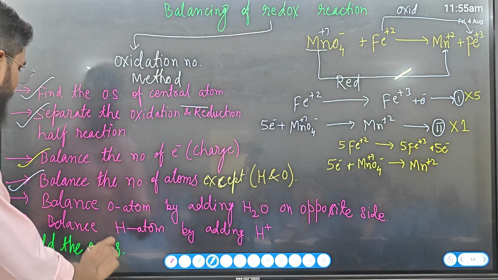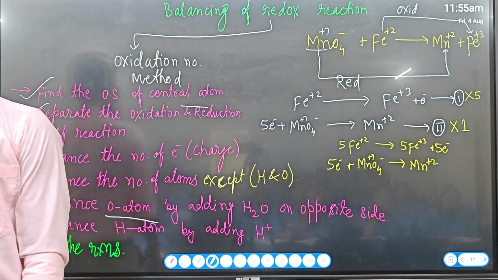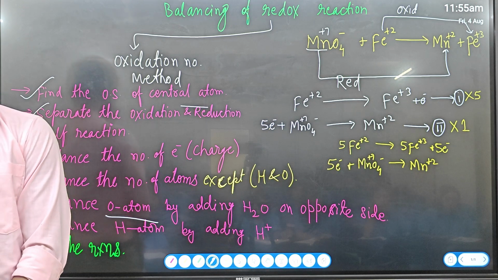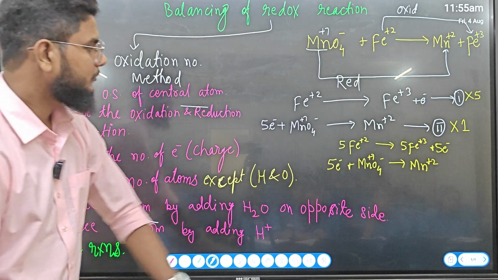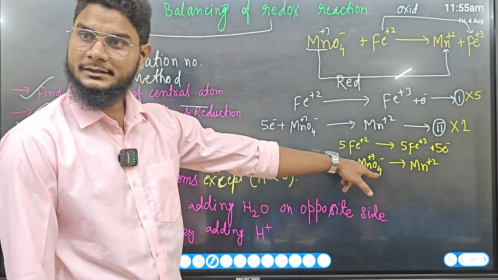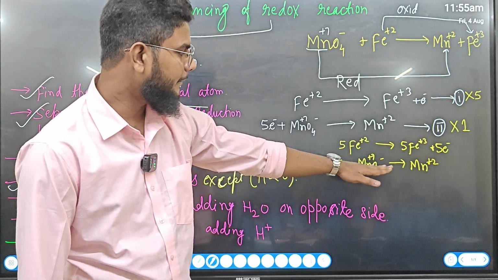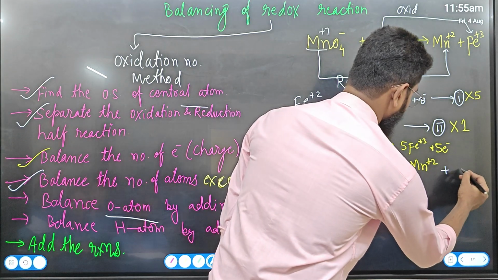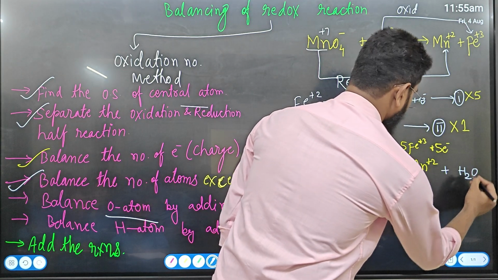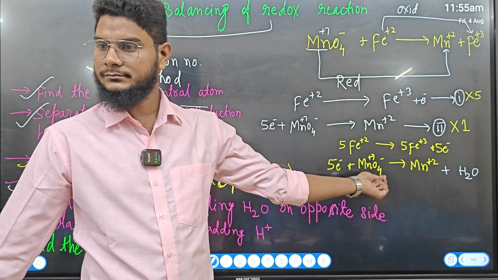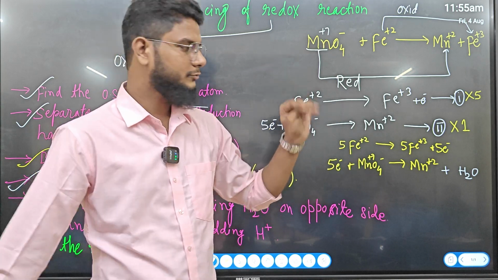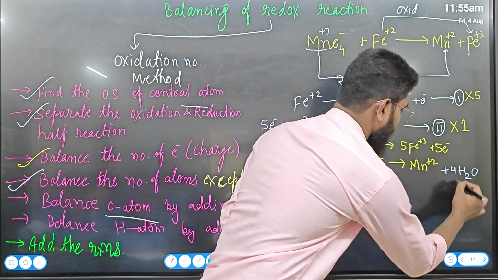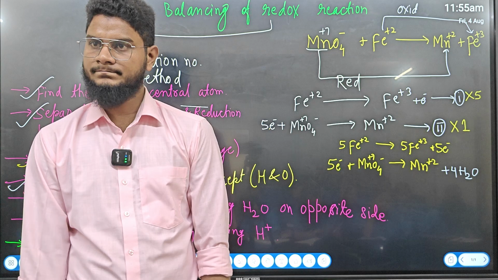Now you have to balance the oxygen atoms. How? By adding H2O on the opposite side. So you have oxygen in this reaction, and you have to add water on the opposite side. How much oxygen do you require? 4. So 4 molecules of water you need to write. Okay, clear?